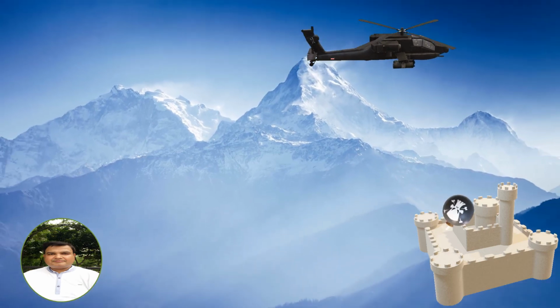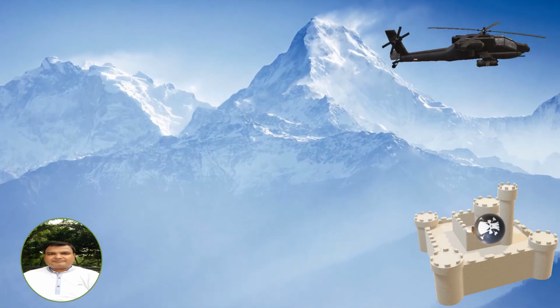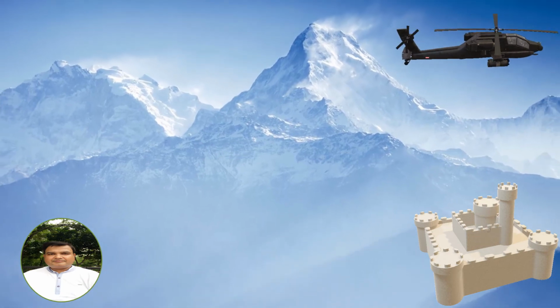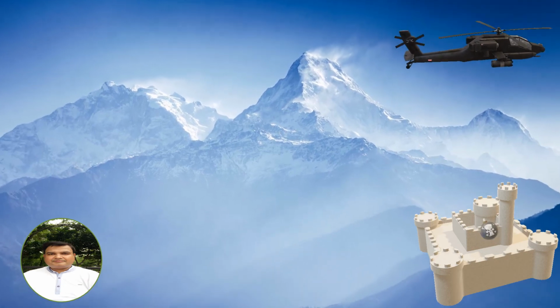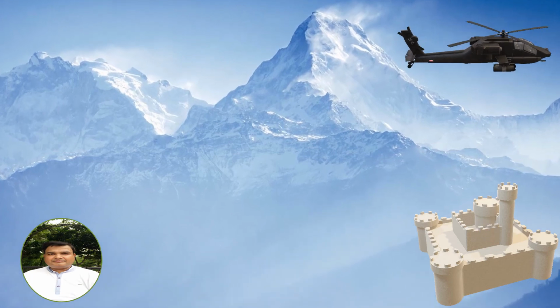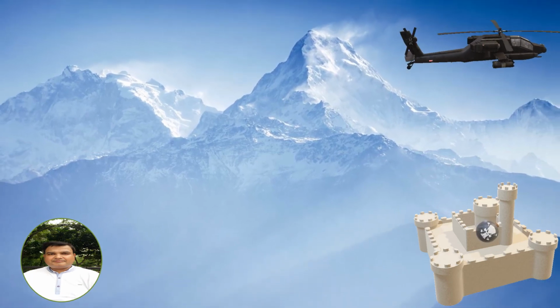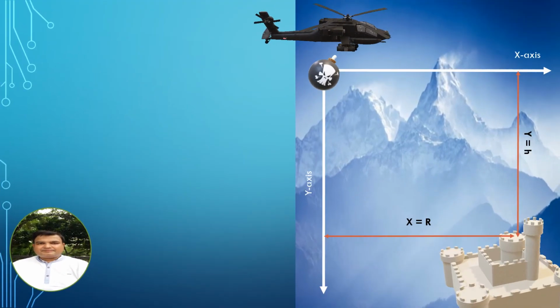That initial speed pulls the bomb in the forward direction, and the acceleration due to gravity pulls the bomb in the downward direction, and it may strike the target. Using these observations, we will solve the problem.